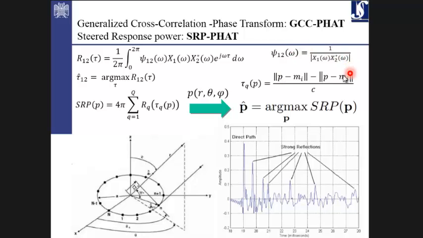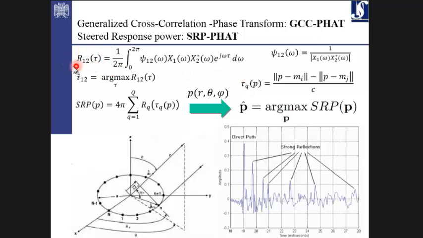Dividing by c, the speed of sound, gives the time difference of arrival for microphones 1 and 2, or I and J in general. So that's the time difference of arrival as a function of P, the location of the source.